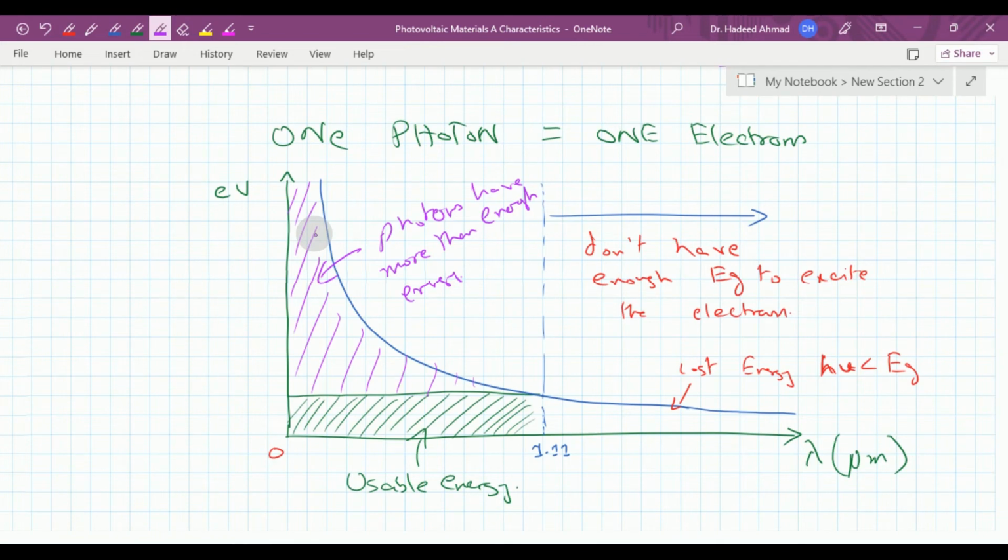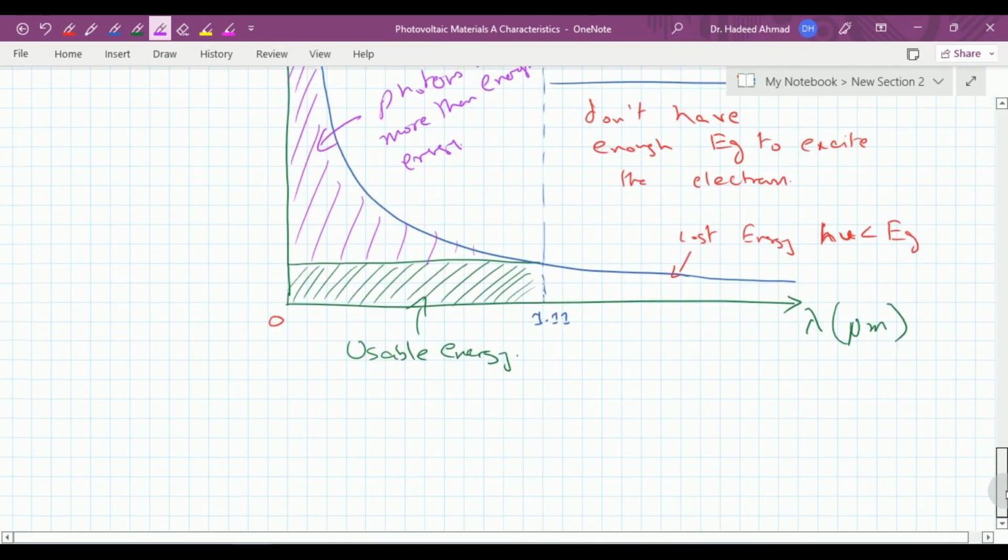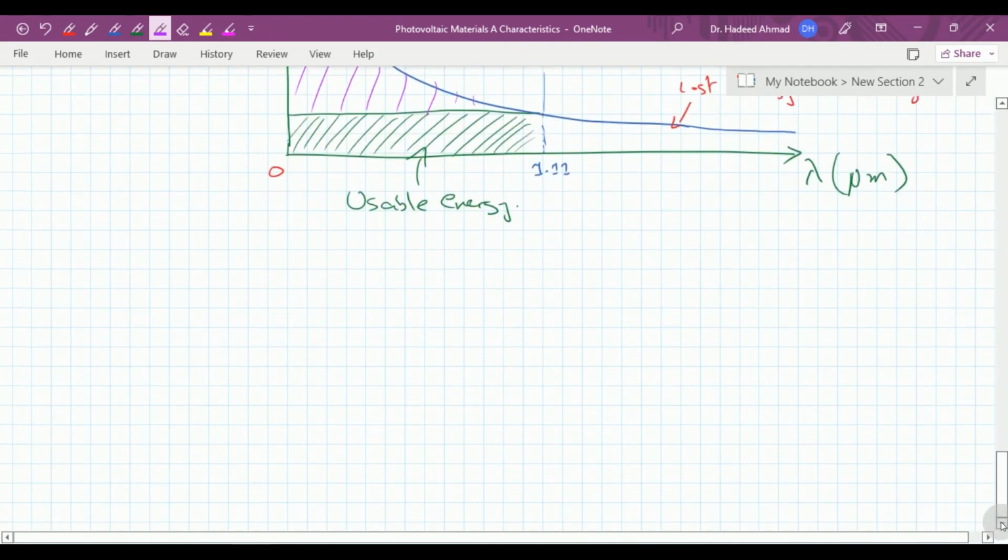So let us see about the solar spectrum that we receive. We should remember one thing, that the solar spectrum resembles a black body of 5800 Kelvin, and it can be demonstrated that the extraterrestrial reception is 1.377 kilowatt per meter square.